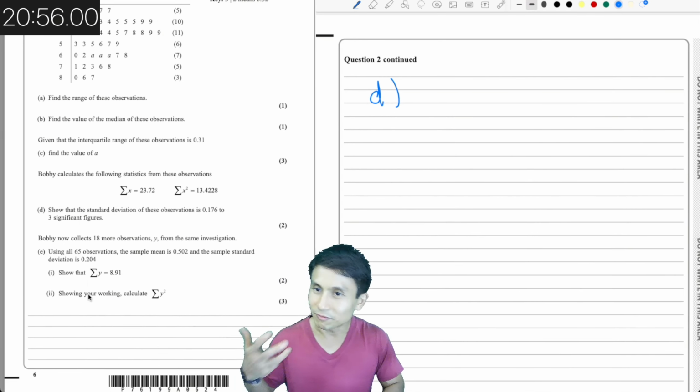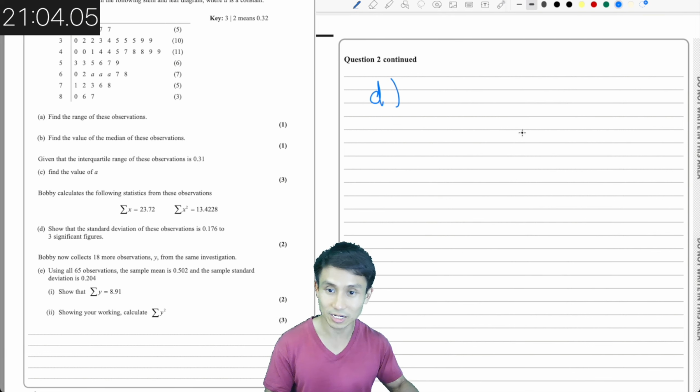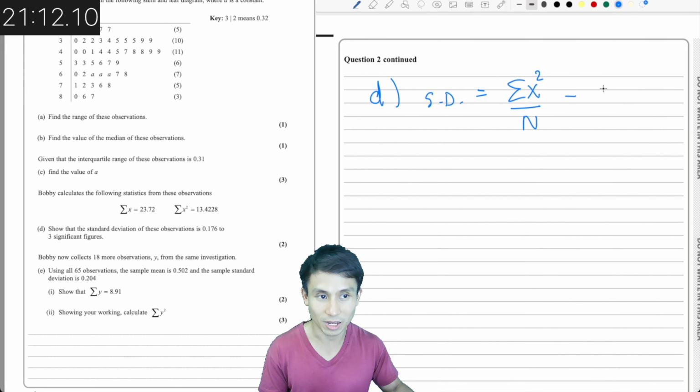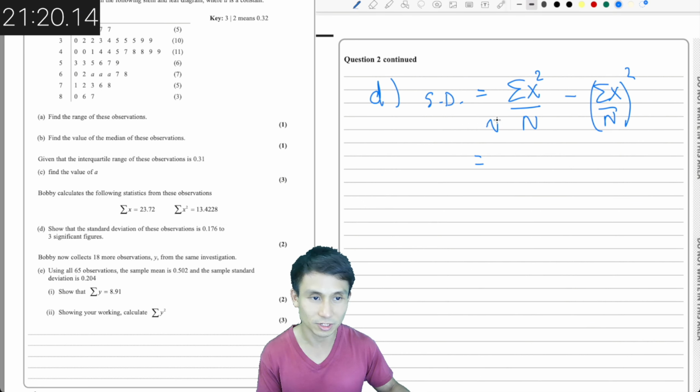D. I've got to make up for the time I lost in the first question. Bobby calculates the following statistic from these observations. Show that the standard deviation of these observations is that. The standard deviation, SD, is the mean of squares minus the square of the mean. You find the mean first and then square it. And don't forget the square root.